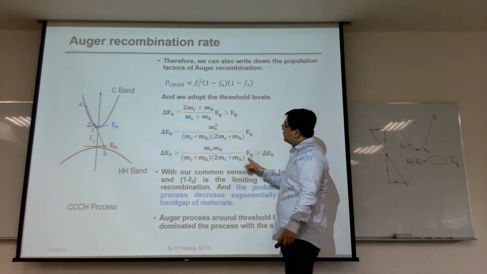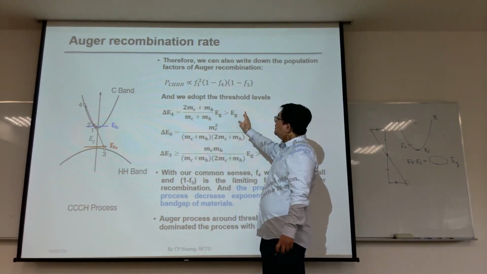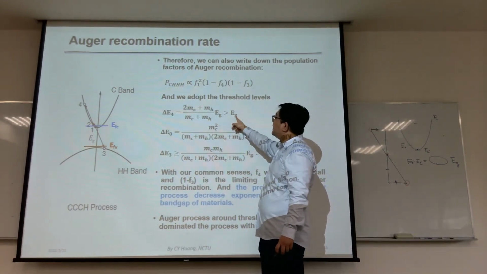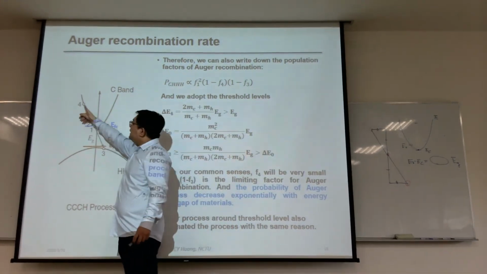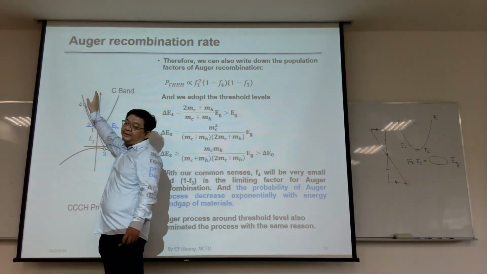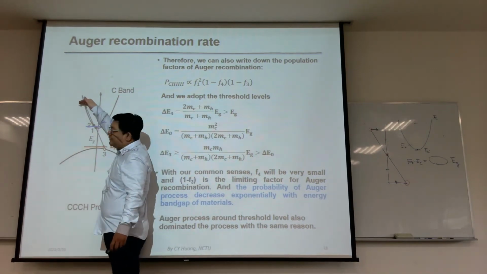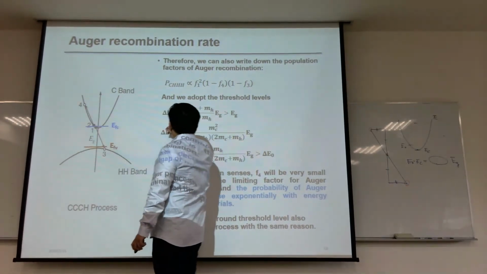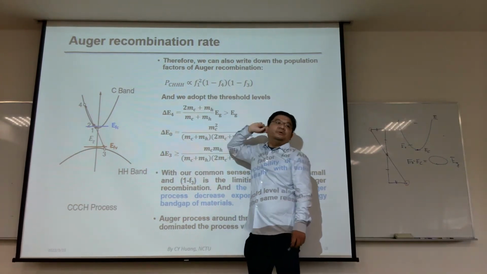Okay, so for most cases, if the band gap is large, then that means the level of minimum E4 will be higher. When the energy of E4 is high, F4 is almost 0.